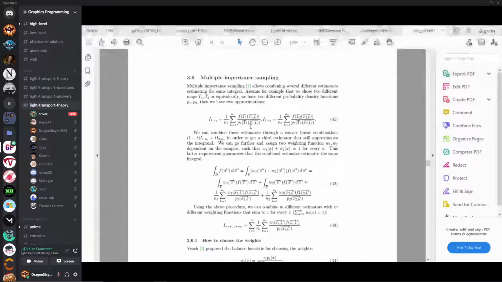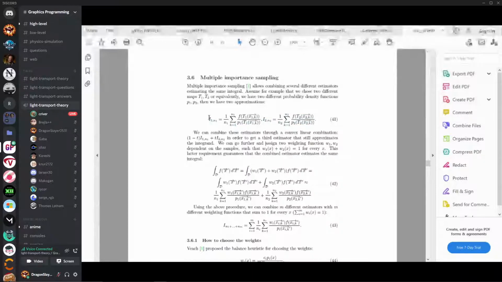So let's say you had two approximations of your function f, some f1 and f2, and for these approximations, you generated a transformation that yielded that function as a reciprocal Jacobian or as a probability density function. And then you get two estimators with the two transformations and the generated Jacobian or density function from those. Your two estimators look something like that.